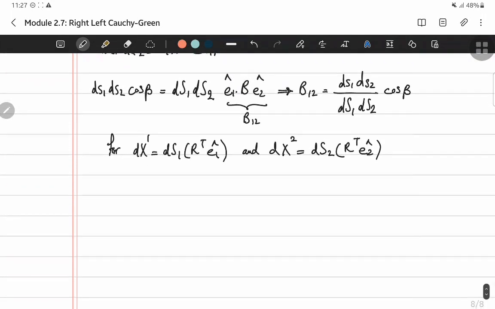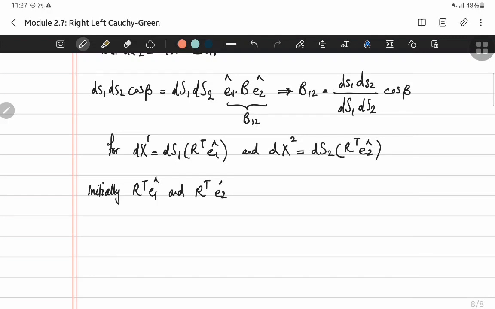Remember here that initially R transpose E1 and R transpose E2 are orthogonal, or perpendicular. So if this is R transpose E1, this is R transpose E2. The most important thing in here is that the initial vectors for B, for the left Cauchy-Green deformation tensor, are R transpose E1 and R transpose E2.